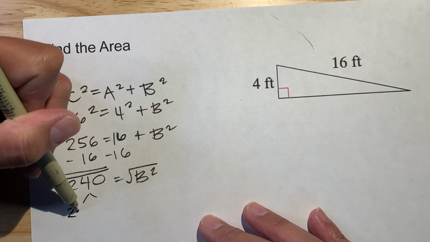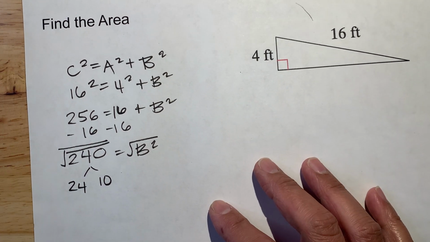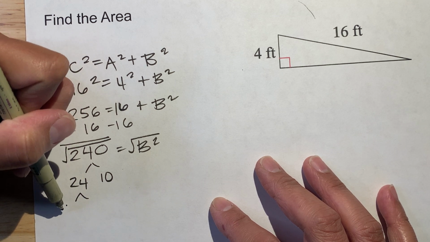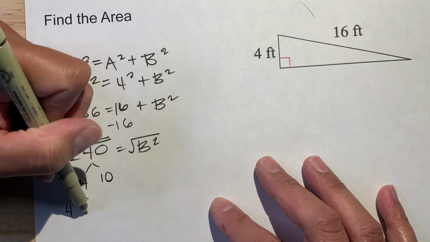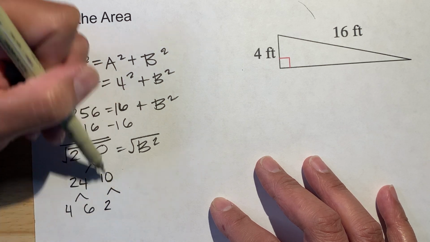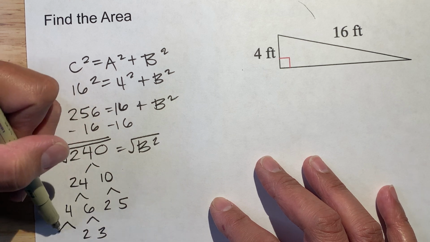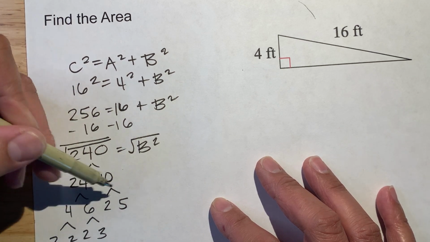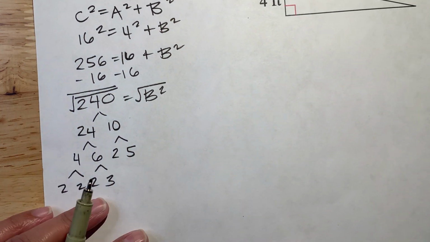So let's do some quick math. Let's go 24 times 10. I'm going to use a factor tree to find my pairs. I'm going to do 4 and 6. And I'm going to do 2 and 5. I'm going to do another 2 and 3 and a 2 and 2. I'm sure if I started off with other numbers, I could have had a much smaller factor tree before finding my pairs, but here we are.